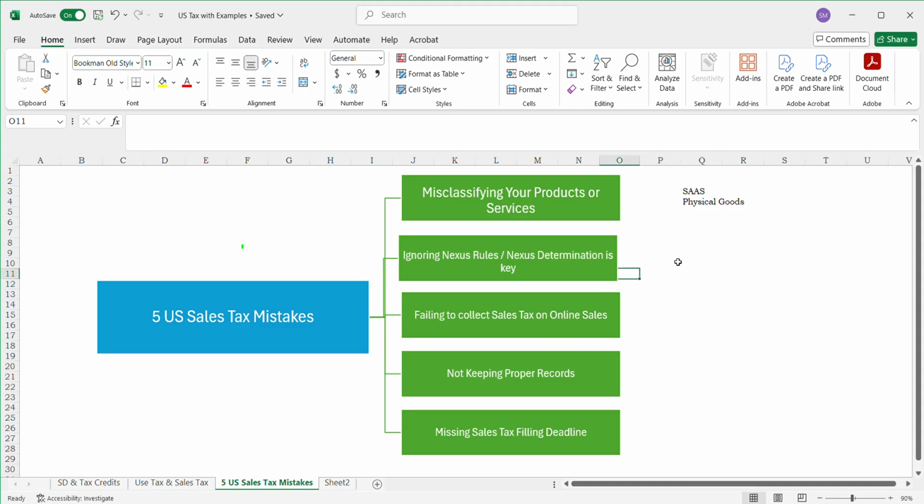Actually, these two are connected together. As I mentioned in my second mistake, the physical nexus is separate from the economic nexus.